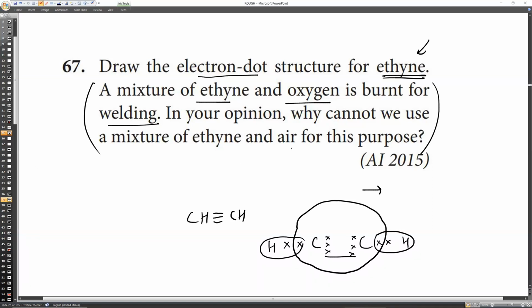Next, the question was after 67, we have 77 and then 78.